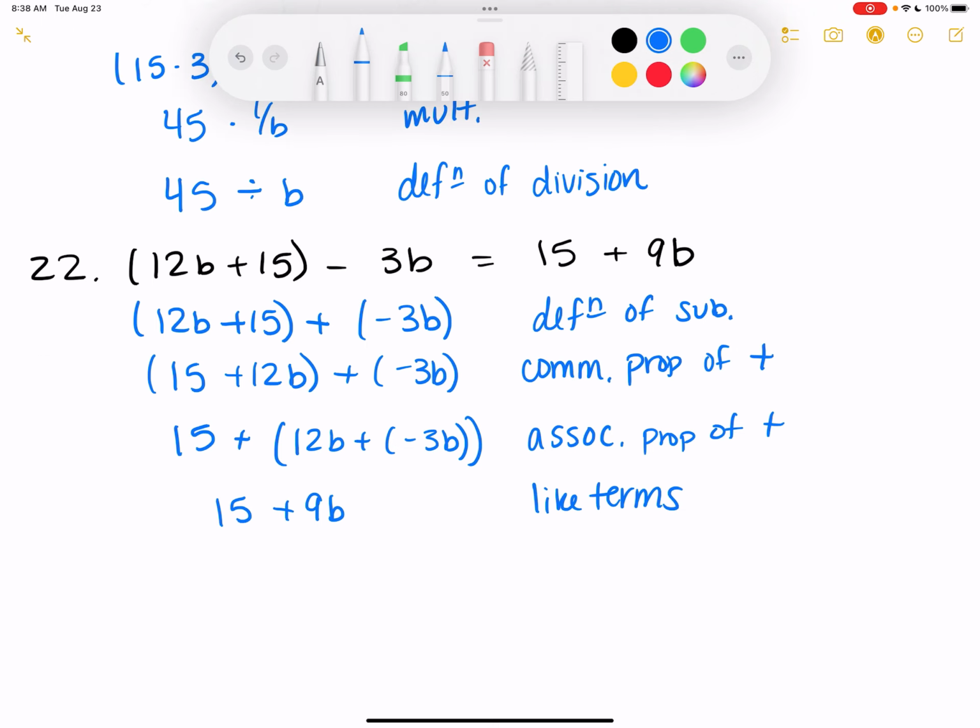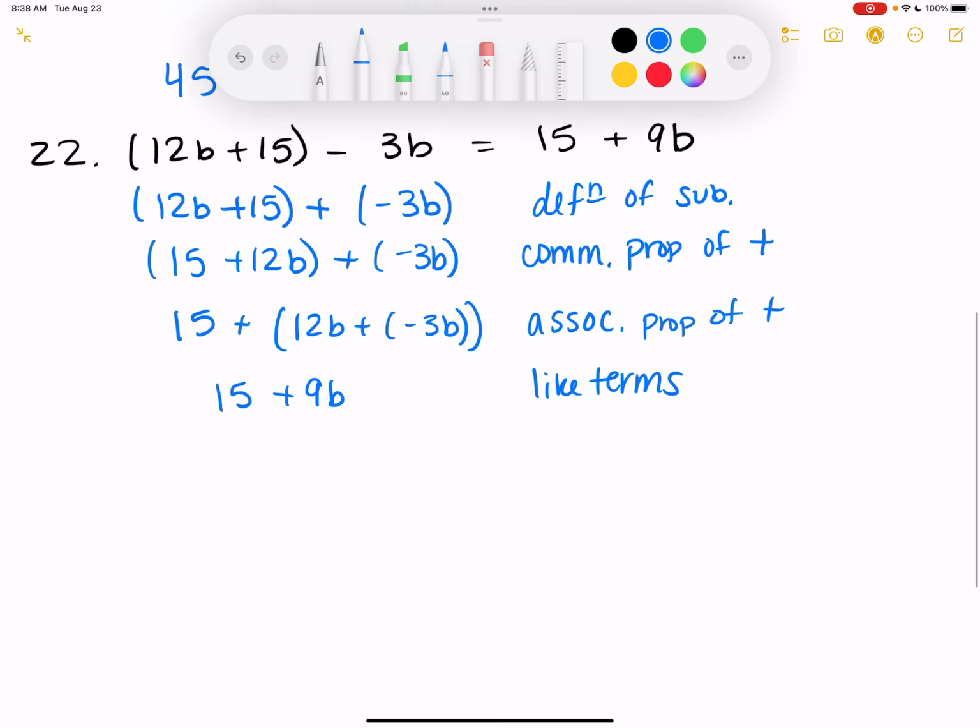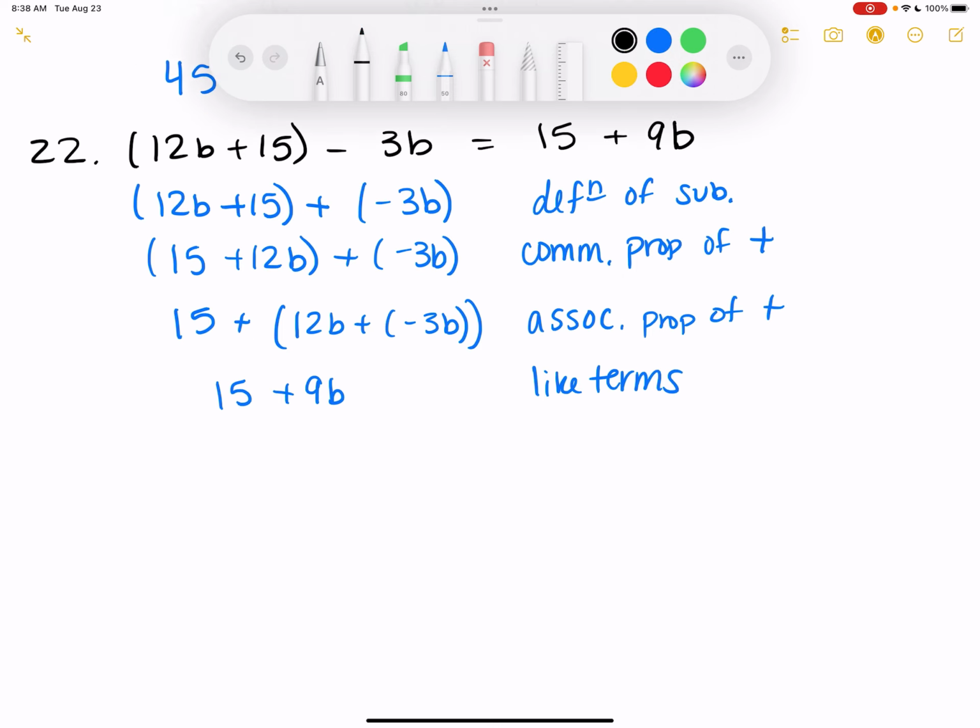Alright, I am going to do an odd one, which I don't normally do. C minus 3, and that's all in parentheses, plus 3 equals C. Any ideas what I need to do first with this one?